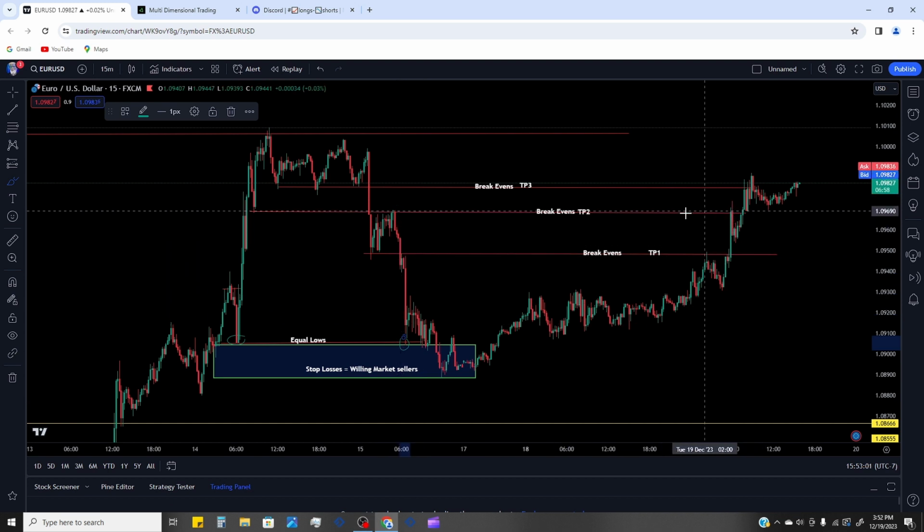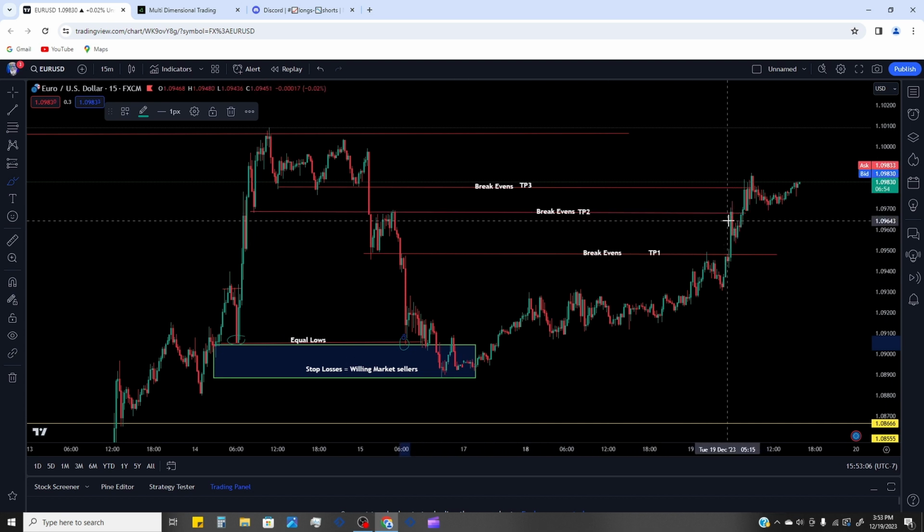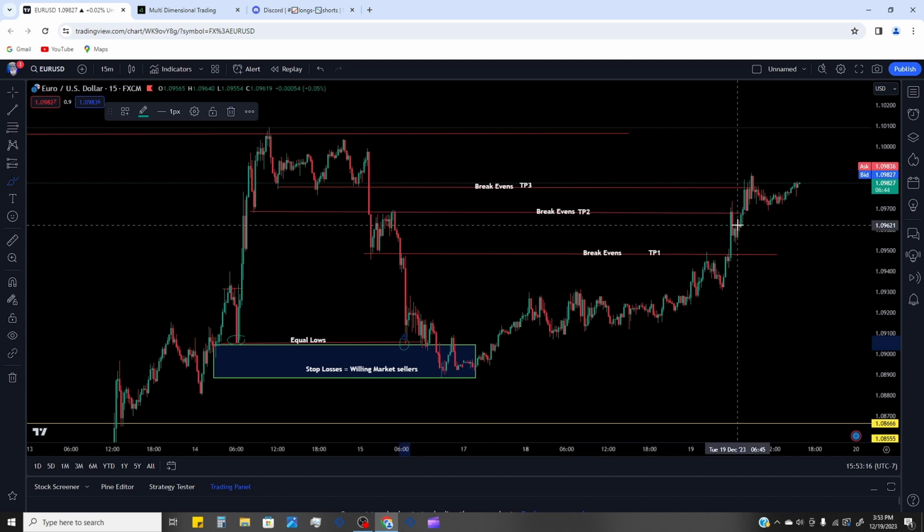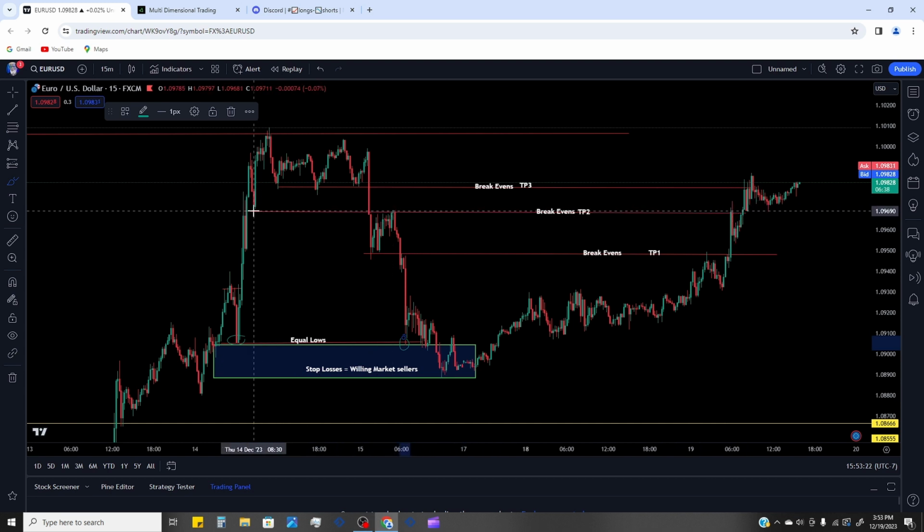We know this is another area where it's going to be liquid. This is where we can relinquish some of our positions and sell some of our position. It's simple as that. We know this is also an area it would most likely take a reversal, right? It might not last forever, but it might take a reversal there because there's going to be sell pressure here. It's as simple as that.